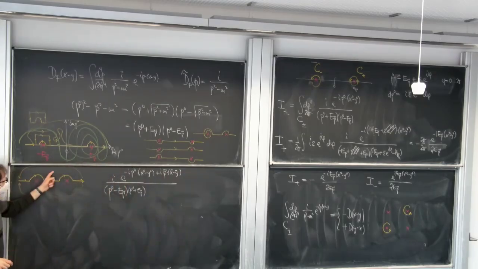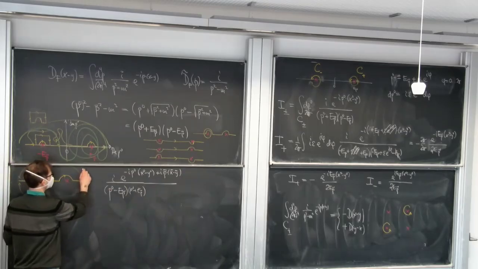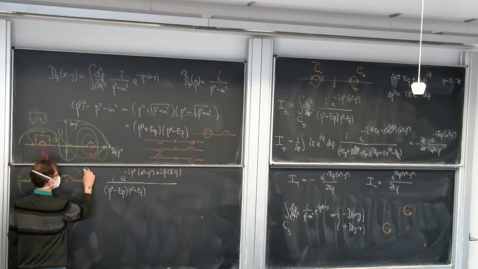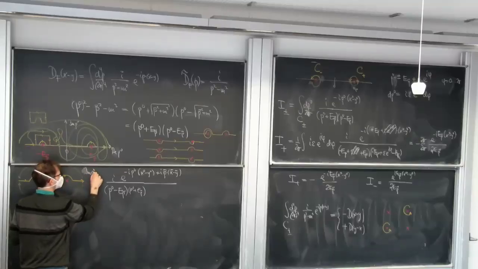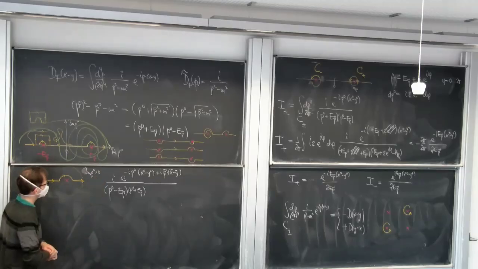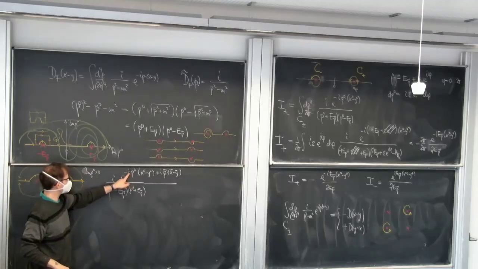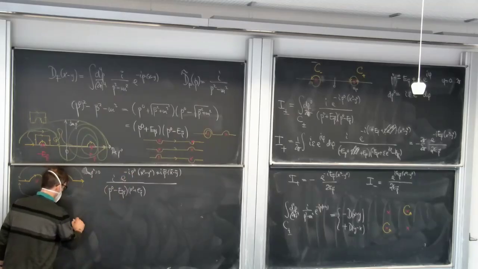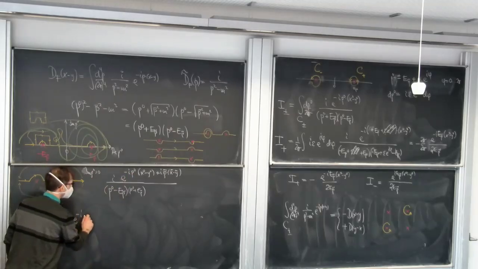And now if I close this up here, my p0 is imaginary. So up here, the imaginary part of p0 is larger than 0. And then we have in the exponent e to the minus i.